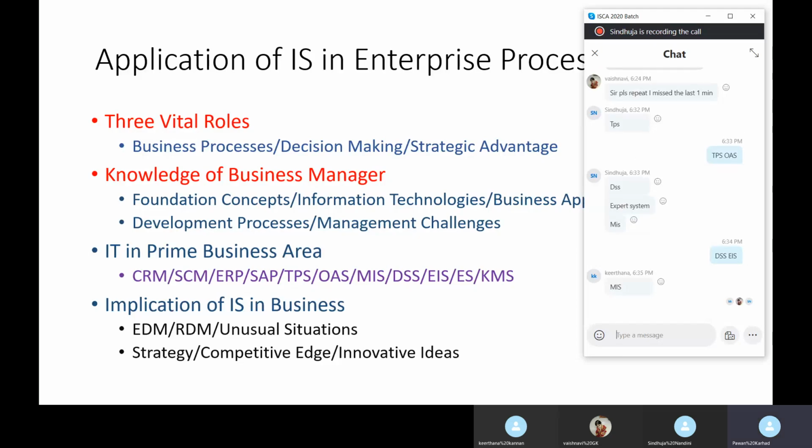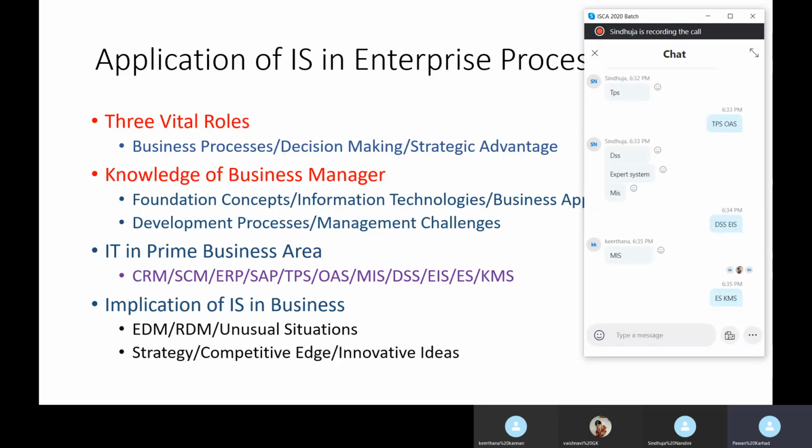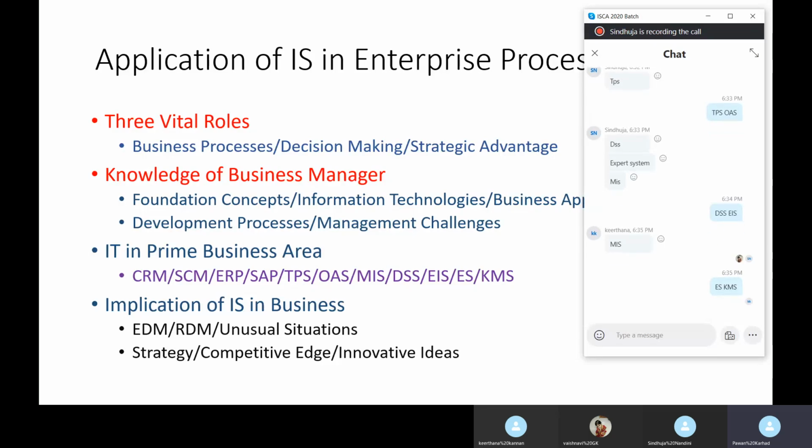MIS will come in business processes only. It will support business processes like TPS and OAS. For strategic advantages, we have expert system and KMS. What is KMS? It is knowledge management system.